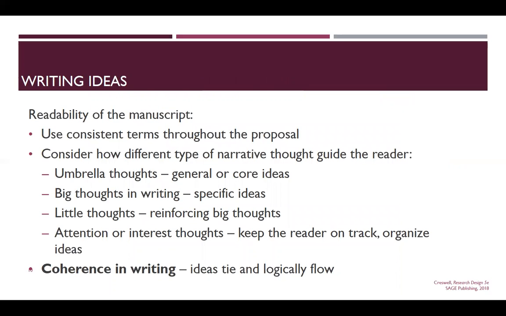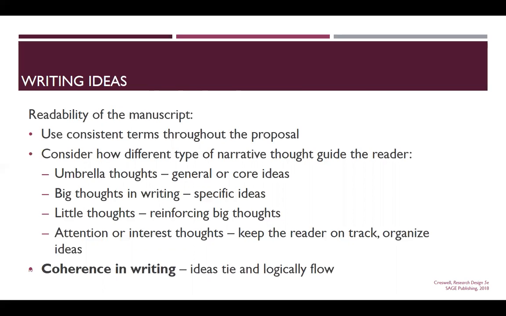Now, when we're talking about writing, we need to use consistent terms throughout our proposal. This is so important. If I say that I'm going to be researching adolescents who game, then I don't want to start talking about youth who play video games or youth who use social media. Those are different things.